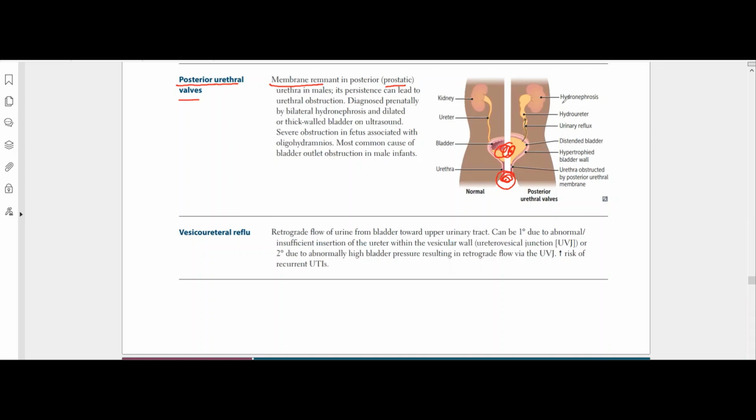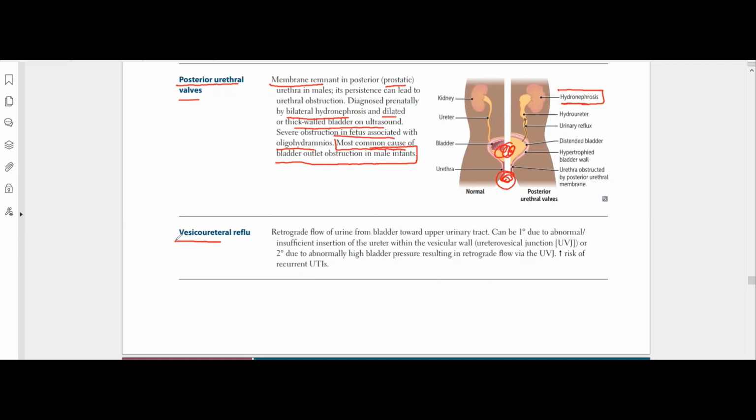It will lead to hydronephrosis. This is diagnosed prenatally by bilateral hydronephrosis and a dilated thick-walled bladder on ultrasound. Severe obstruction in the fetus is associated with oligohydramnios. This is super high yield stuff: it is the most common cause of bladder outlet obstruction in male infants.